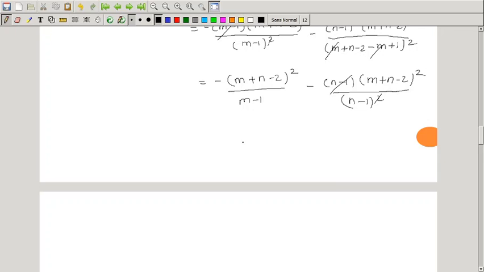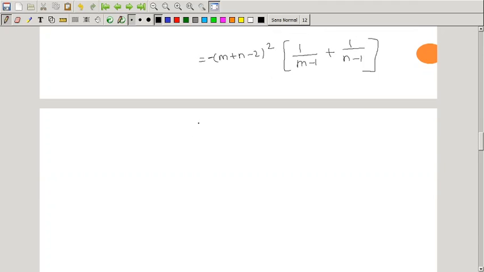Then finally we get (m + n - 2) bracket square outside, with the minus sign, and 1 upon (m - 1) plus 1 upon (n - 1).